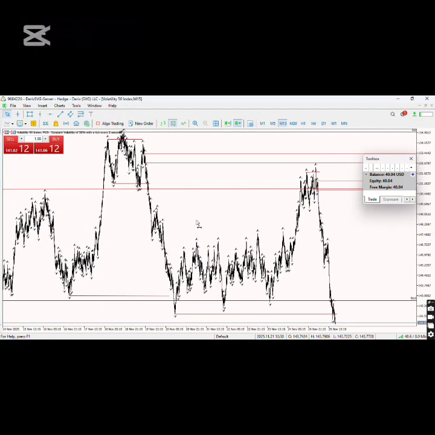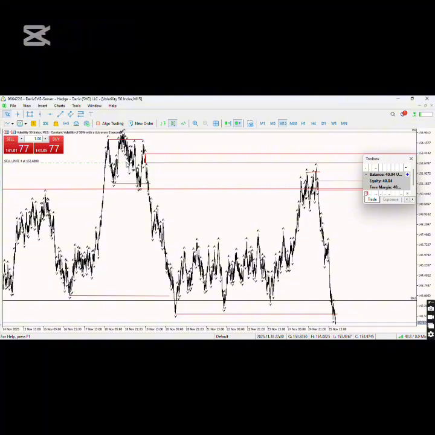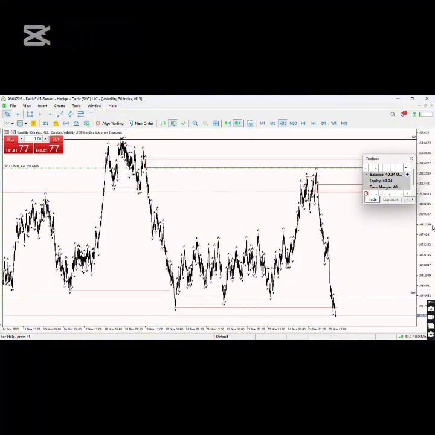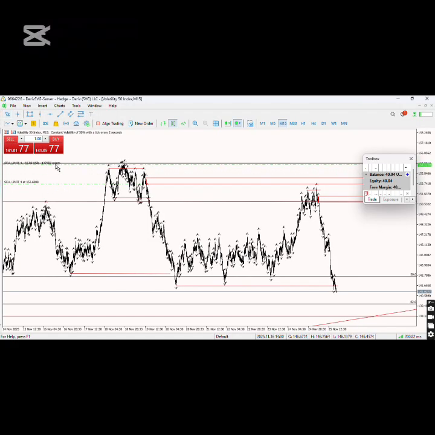Why is it not showing? Ha! It is the limit. I want to put the SL right above. Wait, how much am I risking here? Guys, can't be risking this much. 50. This is the whole one. I think this is not the minimum.